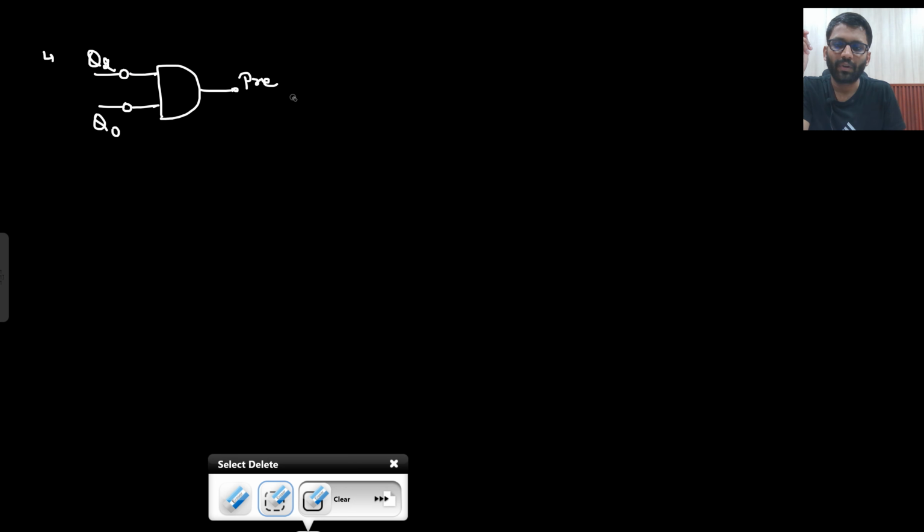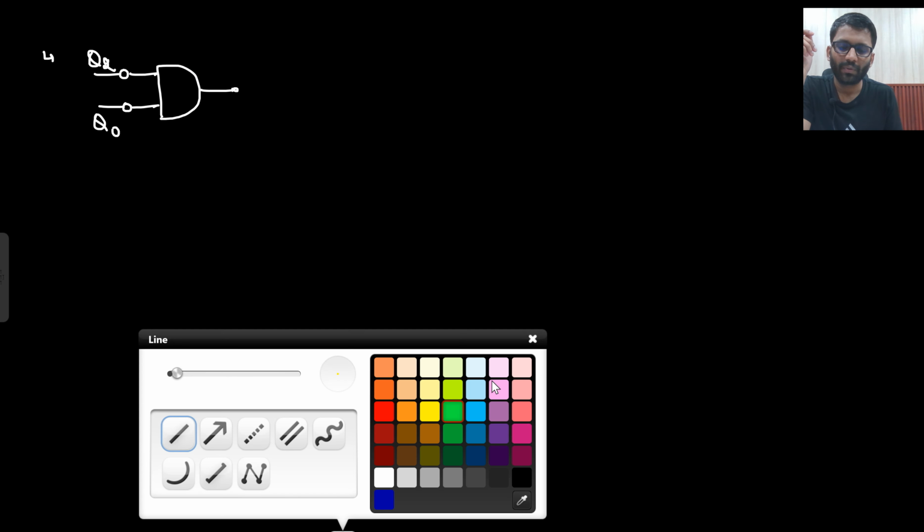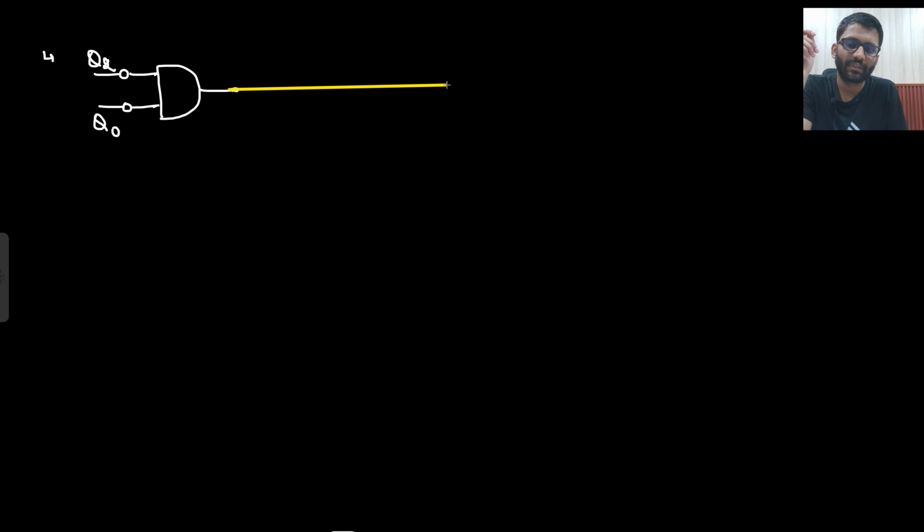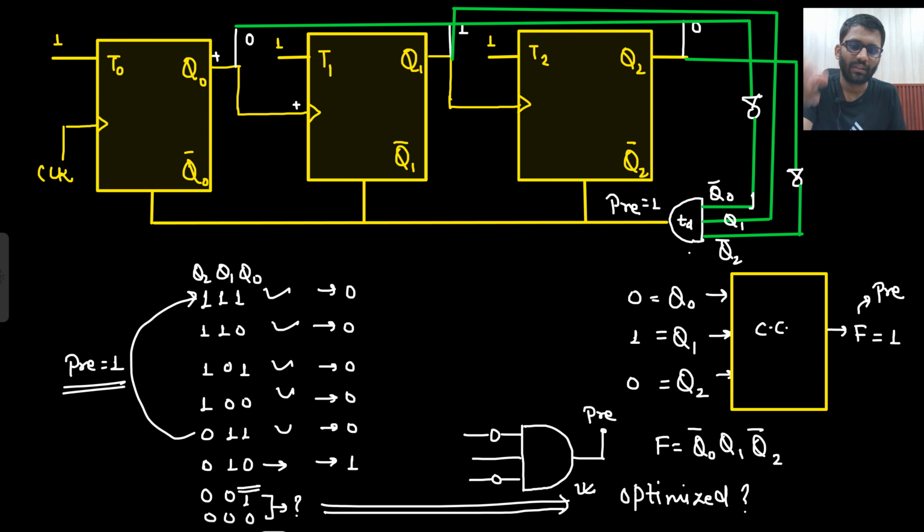And this was your pre-input, which was being fed to 3 flops.